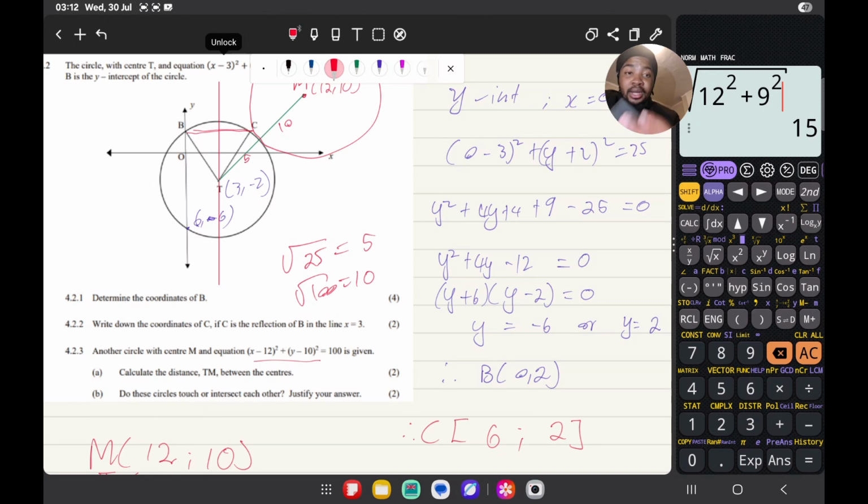So adding the radii of the two circles gives you 15 units, which is the distance TM. And that's how you will close this question. Since the sum of the radii is equal to the distance TM, you're done, and this is the end.